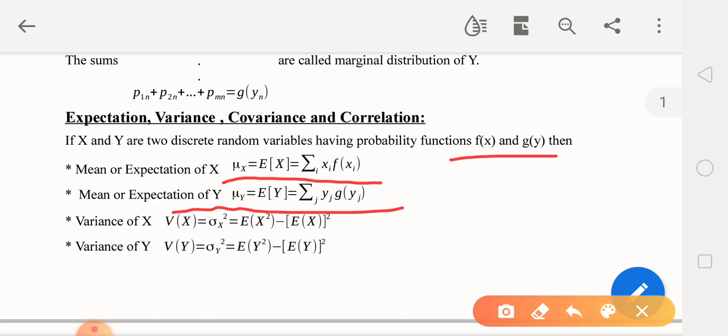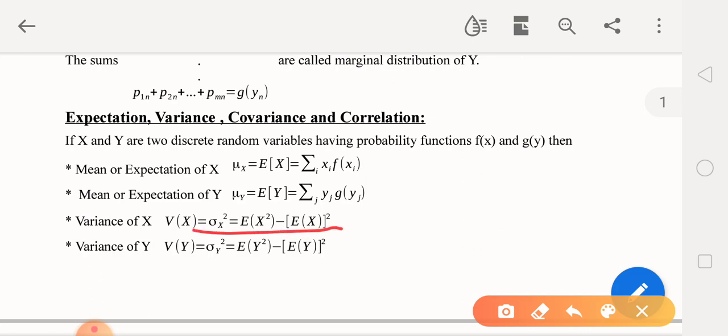Variance of x, sigma x whole square, equal to expectation of x square minus expectation of x whole square. Variance of y, sigma y whole square, equal to expectation of y square minus expectation of y whole square.